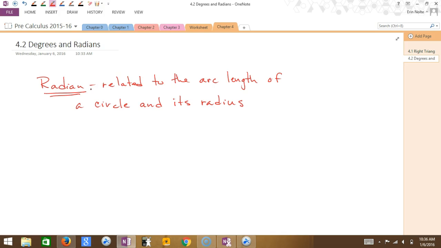So the definition of a radian: it's a relationship between an arc length of a circle and its radius. If you imagine a circle, what is the arc length around a circle? What am I talking about? The circumference. We're talking about the outside of the circle, which is also known as the circumference.